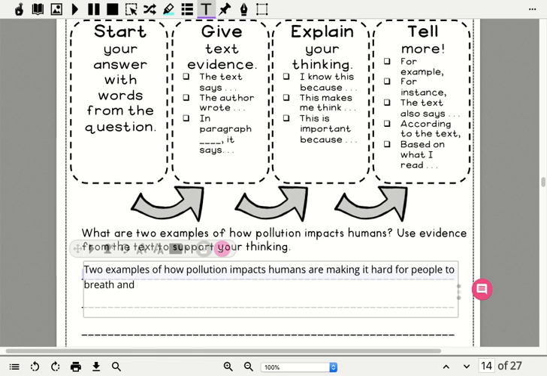Now, it says specifically humans. Some of these talk about animals, so we don't want to use anything where it talks about animals. Okay.